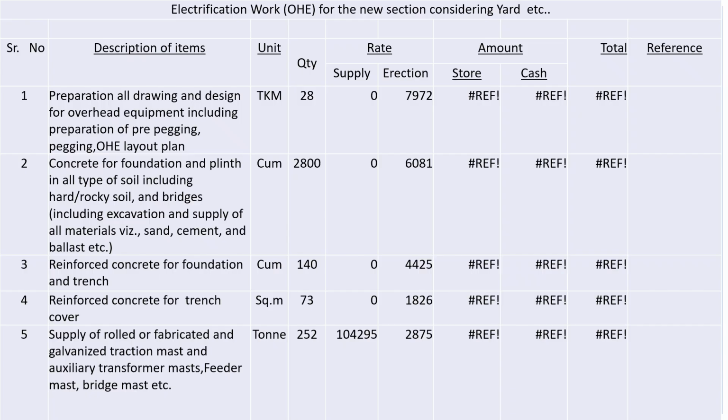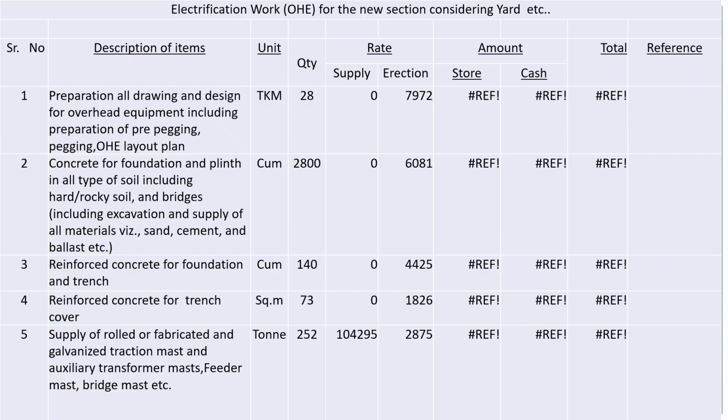Both sides there are two switching posts, and in the mid section you don't have any sectioning. But in our existing system, we have provided sectioning in the mid section somewhere. So for designing and for the consideration of the estimate, you have to think about the sectioning also.